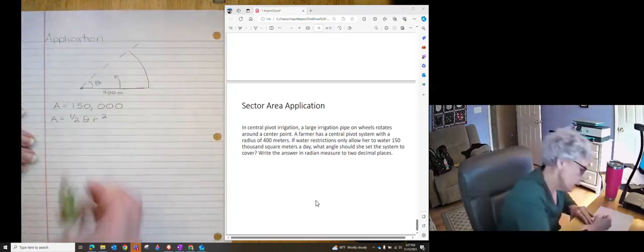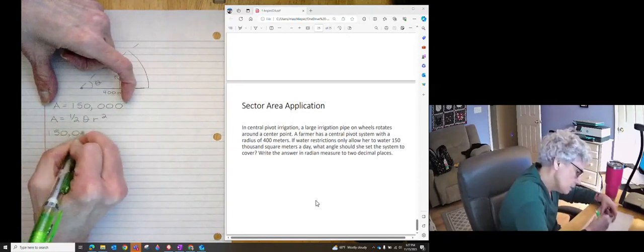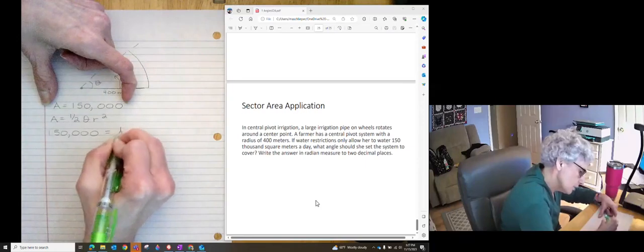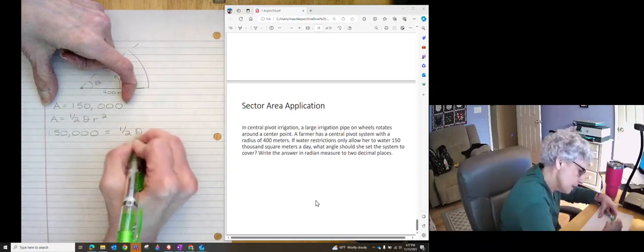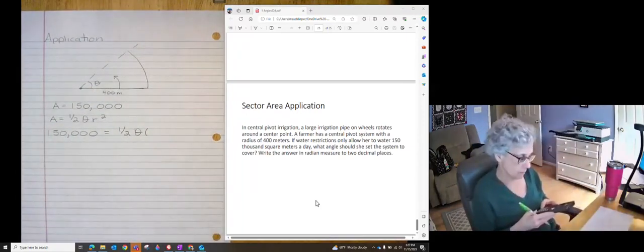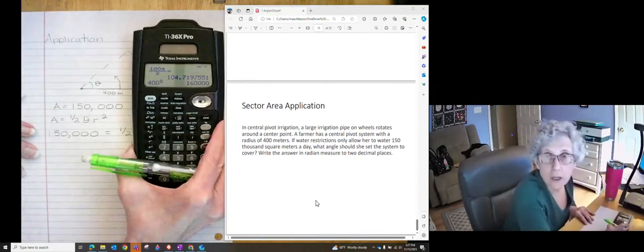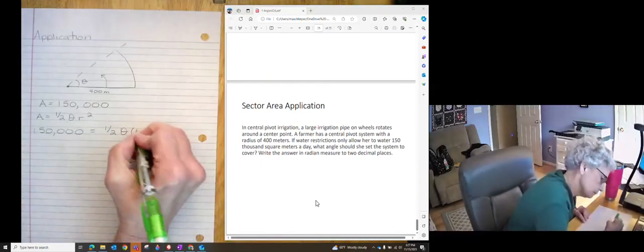I know what r squared is, so I'm going to set 150,000 equal to 1/2 of theta times 400 squared. 400 squared is 16 with 4 zeros, so 160,000.